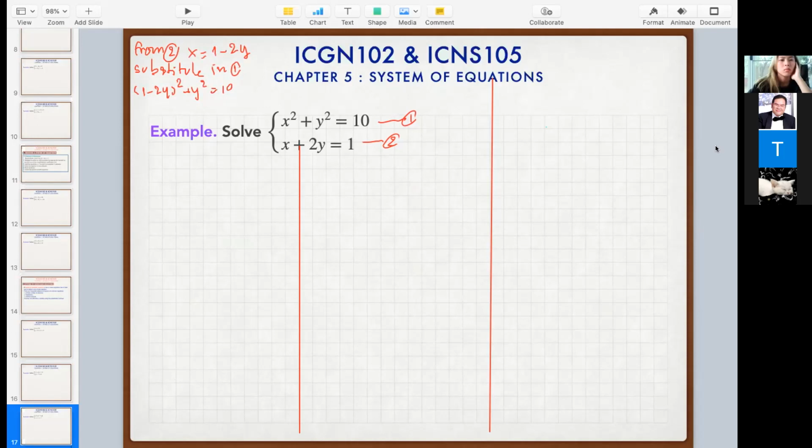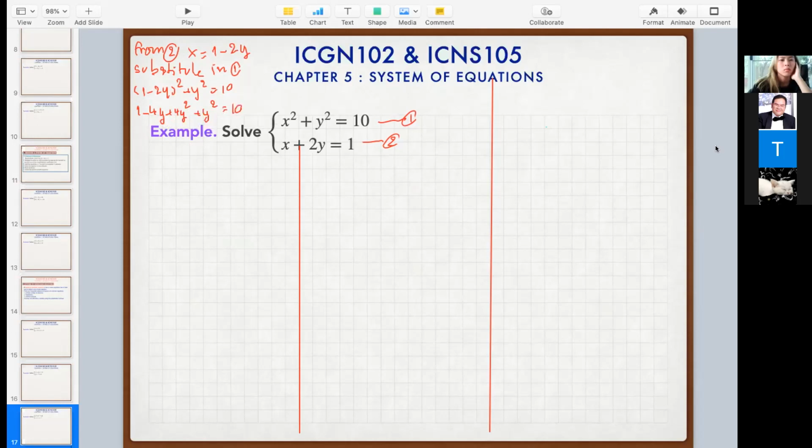Then I get 1 minus 4y plus 4y squared, sorry, plus 4y squared plus y squared equals 10.